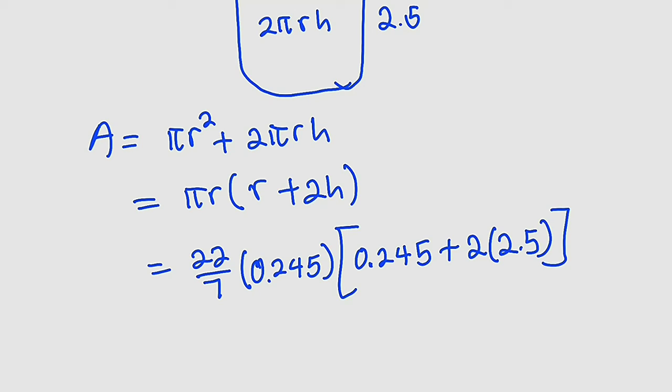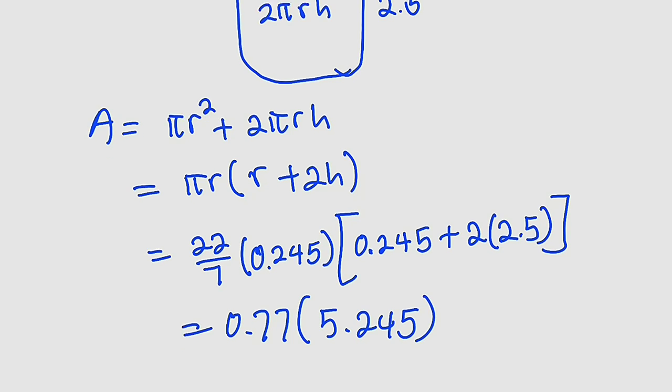This is what we need to simplify. 22 divided by 7 multiplied by 0.245 will give us 0.77. Then we can take 2 and multiply by 2.5, which is exactly this one. That will give us 5, and if you add 5 to this, that will be 5.245.